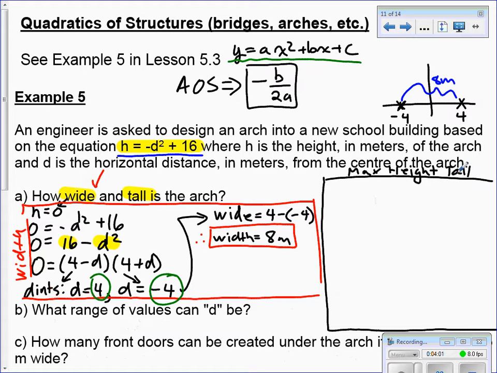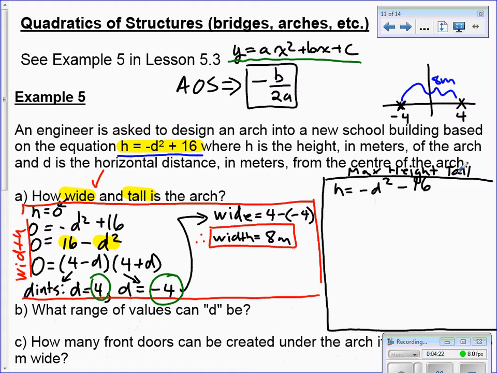Now, you could factor it and use the intercept form, y equals 4 minus d, bracket, 4 plus d, bracket. Forget that, I don't want to do that. I'm going to start with our basic equation, and this time I'm going to show you this trick.